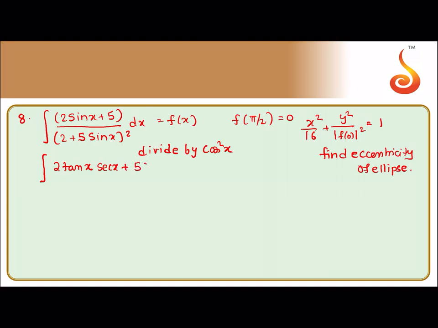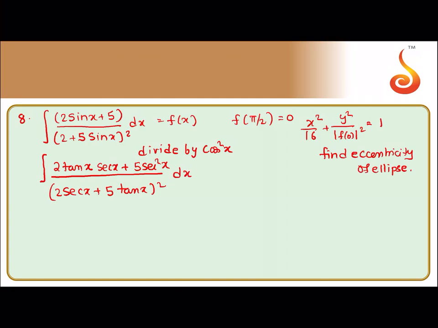So the numerator becomes 2 tan x secant x plus 5 secant square x, divided by (2 secant x plus 5 tan x) whole square dx. Now you observe, the derivative of 2 secant x is 2 secant x tan x, the derivative of 5 tan x is 5 secant square x.